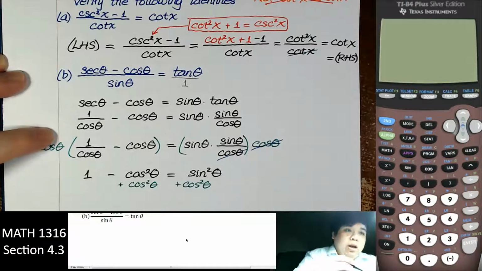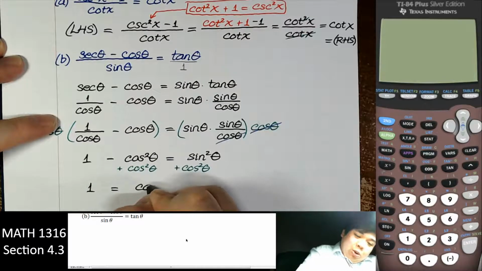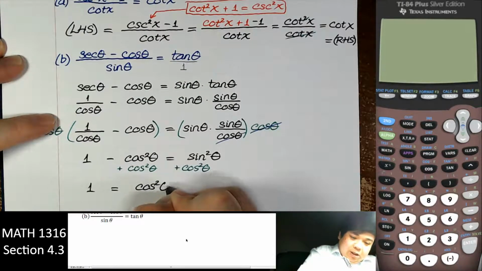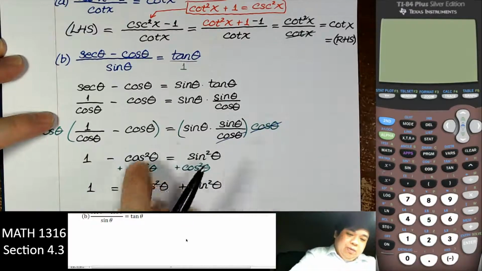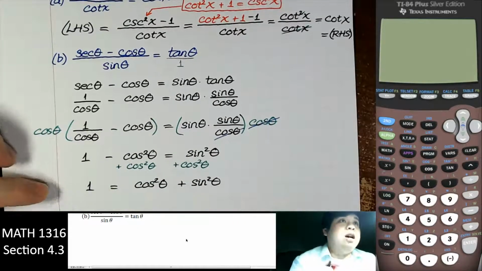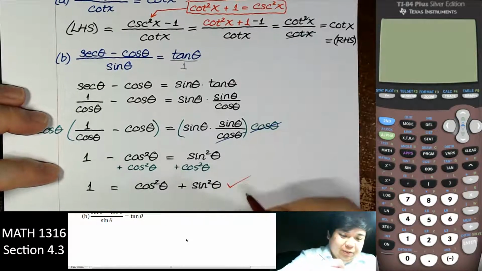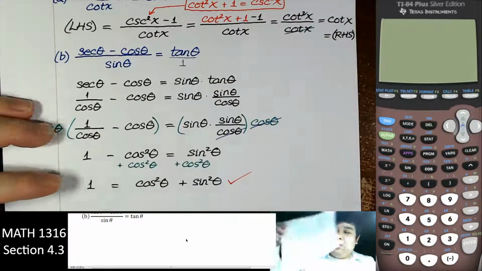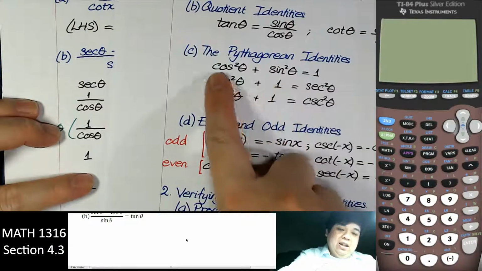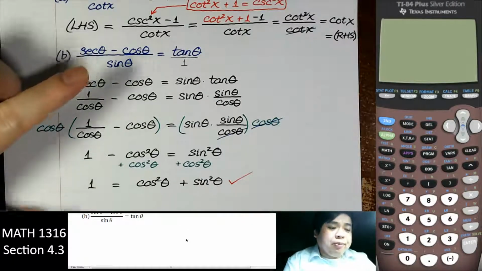What we end up with is 1 equal to cosine square plus sine square. Right? That cancels out. Cosine square plus sine square. And because we know that this is true, because that is the Pythagorean identities. Right?